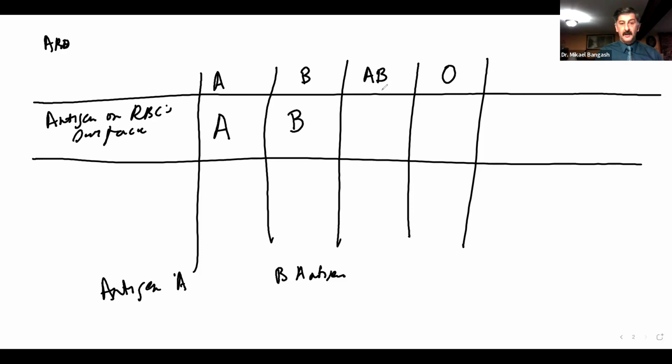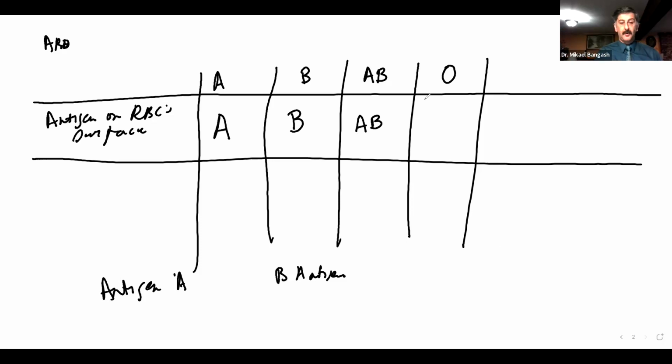So a person who is blood group AB has both the A antigen and the B antigen that determine the blood group on the surface of his red blood cell. Did you guys get that too? Yep. Good.